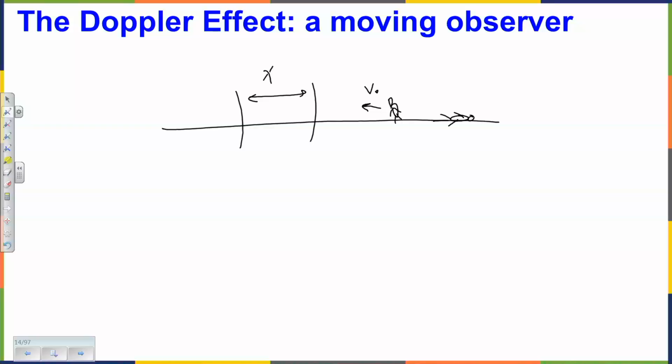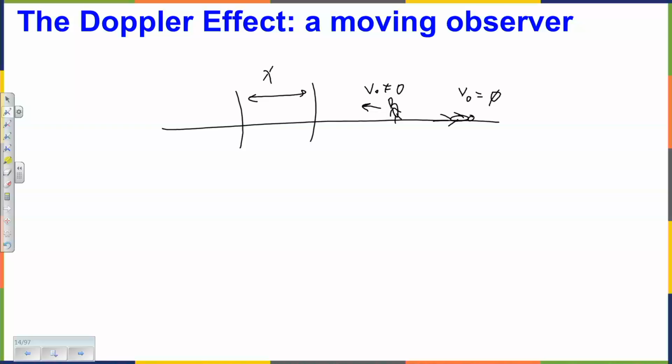But if they measure this wavelength, they should get exactly the same result. So this observer doesn't move, this observer moves, but they measure the same wavelength. But something's supposed to be different for those two observers.